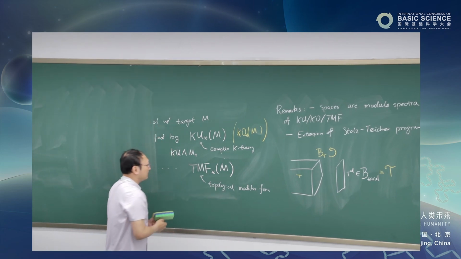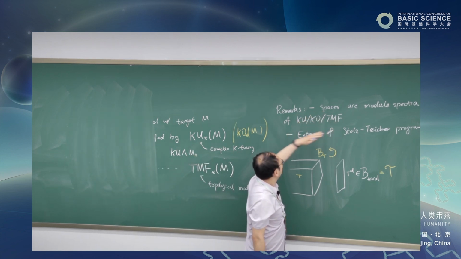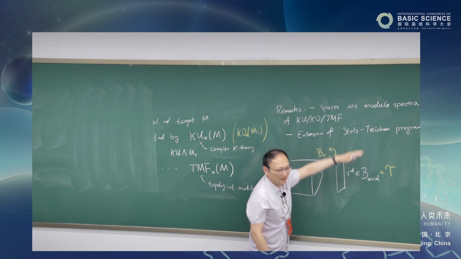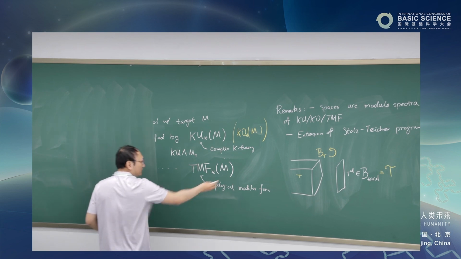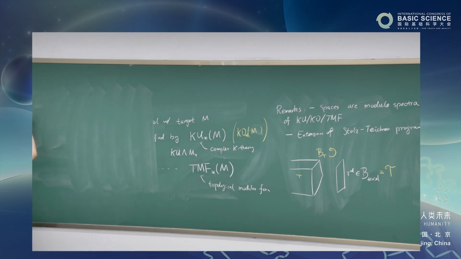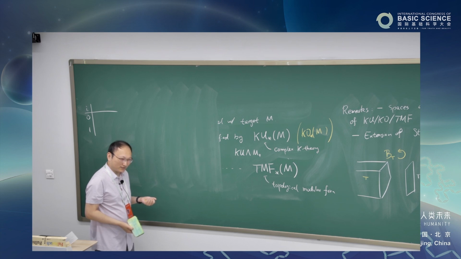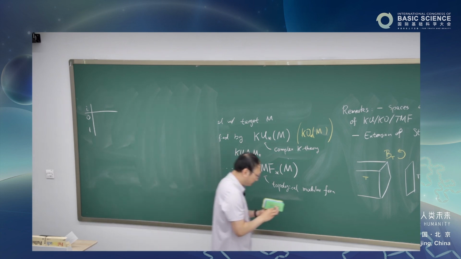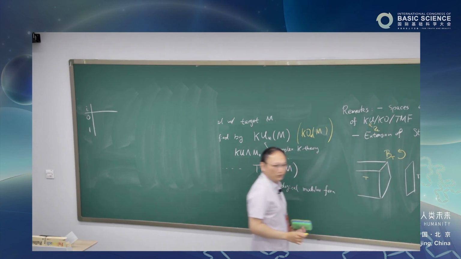To give some examples to demystify module spectrum of some ring spectrum, let's look at some of these spaces more concretely. So first, KU. For KU, it's 2-periodic. This is because for 1D quantum mechanics, you can have a gravitational anomaly that's classified by Z2.